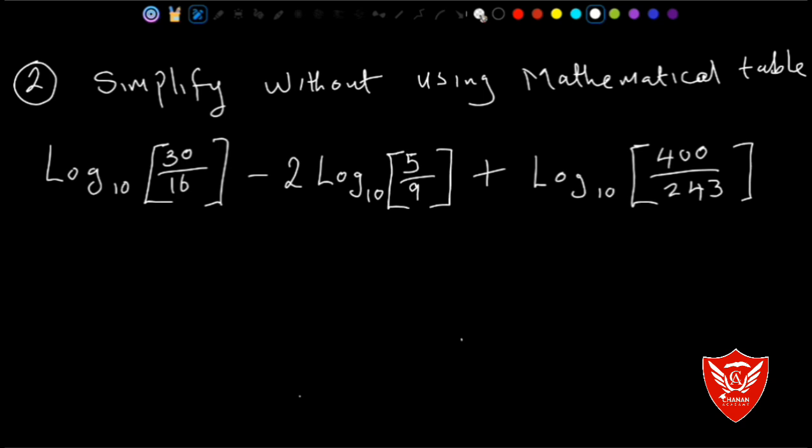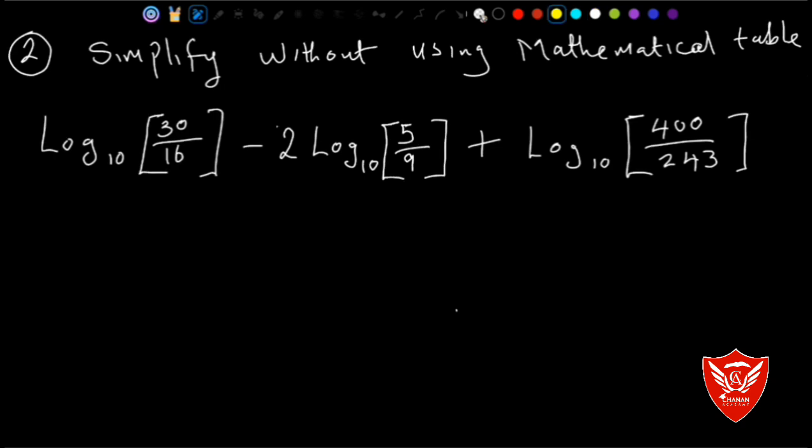We are asked to simplify this without using mathematical tables. If you look at this very well, this 2 is the same thing as raising to the power. So let's do that.